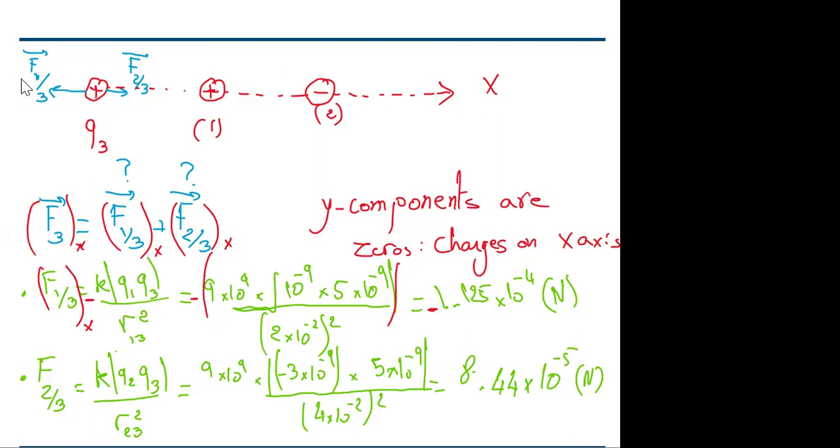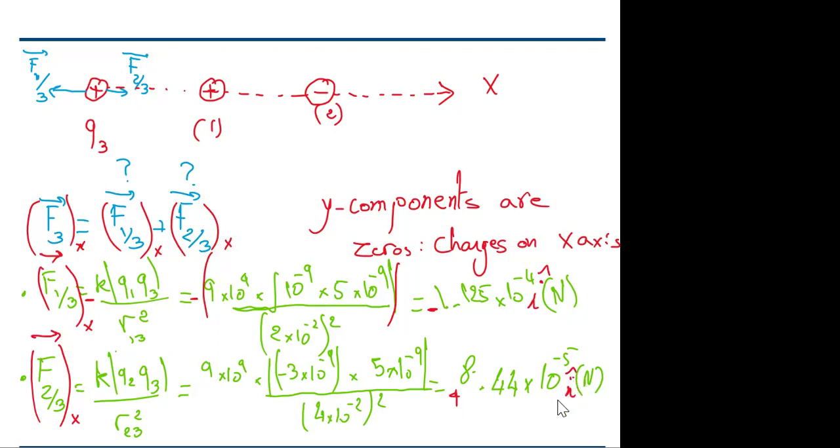What about F2 on 3? F2 on 3 along x is positive, because it's directed to the right, to the positive x direction. When we talk about the vector, F1 on 3 is along -i, so we will add i here.